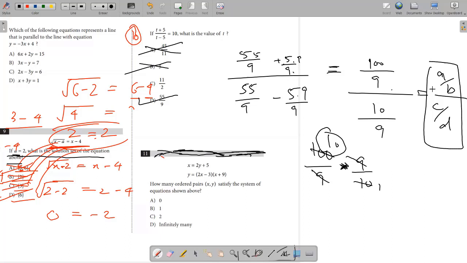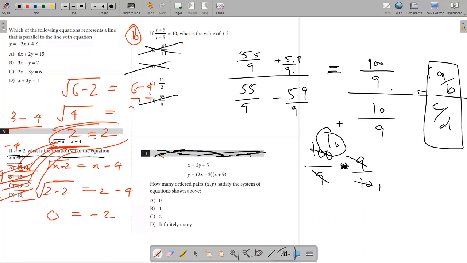That's not what I meant. I'm sorry. Okay, one more time. We could do it by subtraction, because 100 minus 10 is 90. 90 divided by 9 is 10. That's the answer.